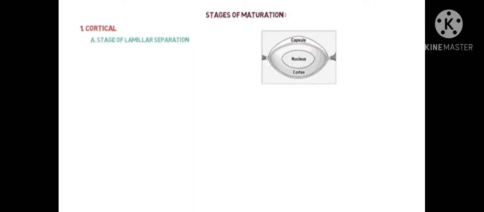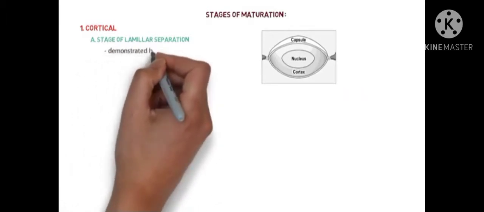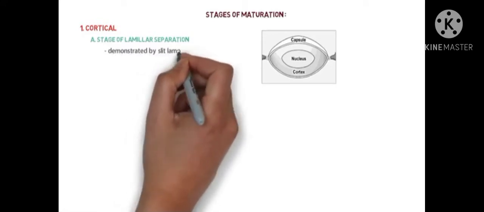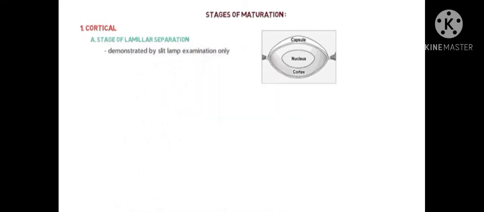In this stage there is a formation of vacuoles and water clefts in the anterior and posterior cortex. This leads to demarcation of cortical fibers owing to their separation by fluids. This phenomenon of lamellar separation can be demonstrated by slit lamp examination only.